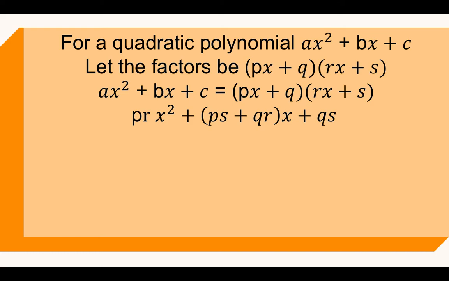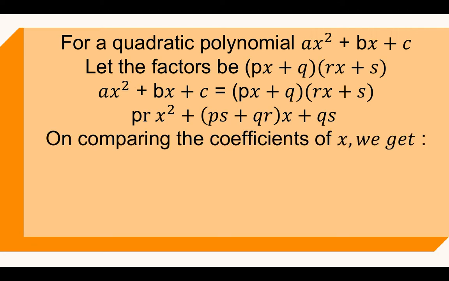Now when I compare the two sides of this equation, what do I get as the coefficients? What is the coefficient of x square? Over here, x square, x square, so a is equal to pr. Why am I writing this? Because both the equations are equal.